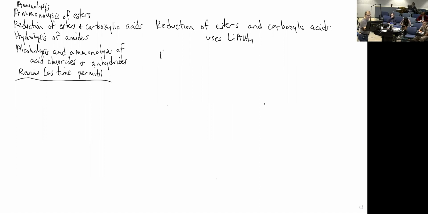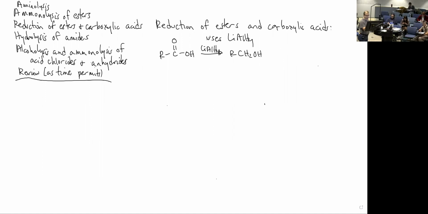And if you take a carboxylic acid, we'll just start with that. And we'll do, again, both the general cases and some examples. And you treat it with lithium aluminum hydride. I have trouble saying the name of that reagent. Then you will get the corresponding primary alcohol.